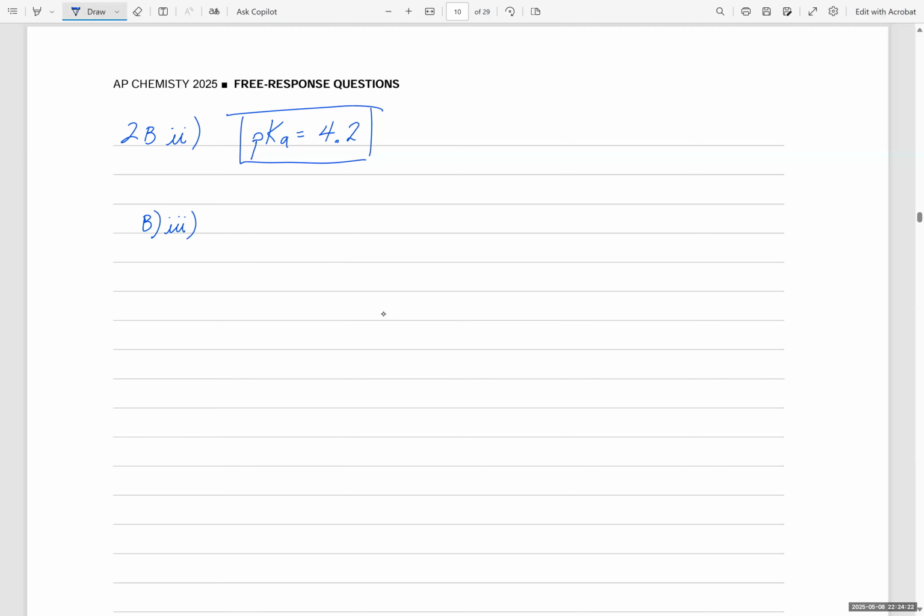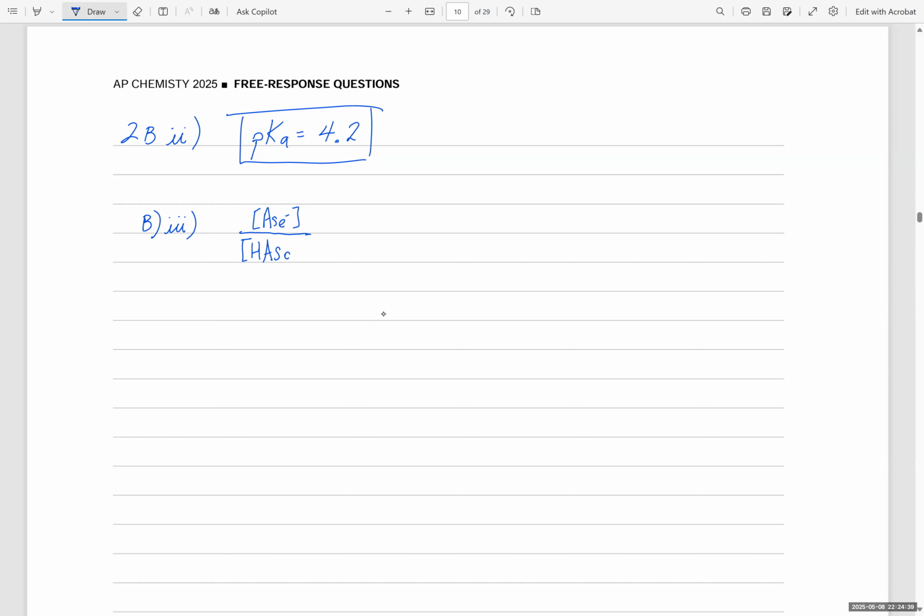We know what we're doing, okay? So what are we solving for? We're solving for the concentration of our conjugate base, which is ASC minus, over HASC, right?